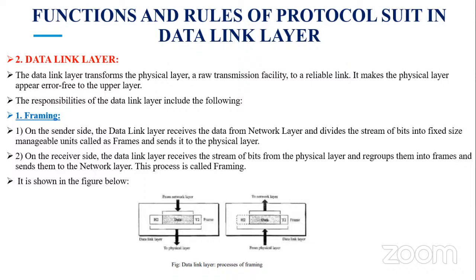From the network layer, the data link layer will receive the frame and send it to the physical layer. This is the sender side. And the next picture is the receiver side. What is happening? From the physical layer, the frame comes to the data link layer. That frame will be transferred to the network layer.